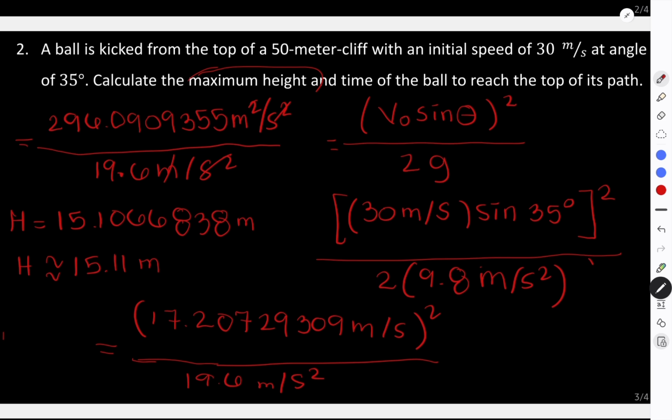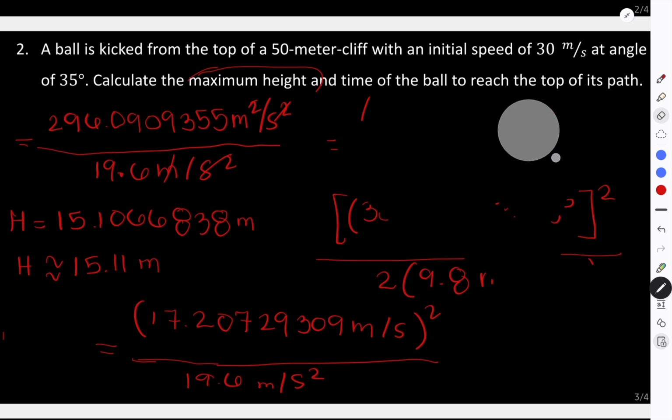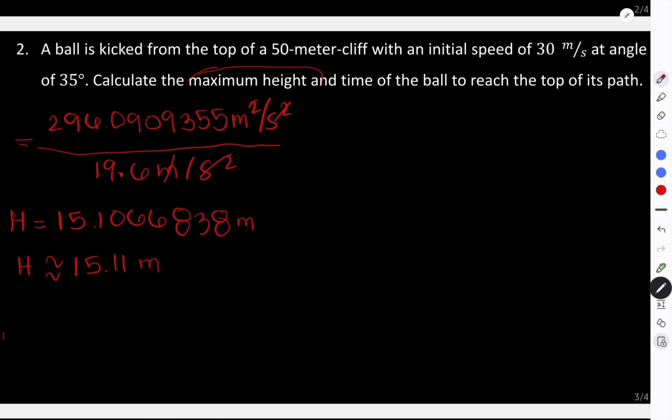Now remember, your maximum height should be based on the cliff, right? The cliff is already 50 meter. If the ball goes from this to the ground, the maximum height is this one. So the maximum height we got is just here.